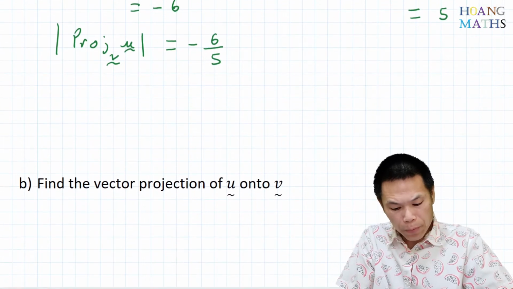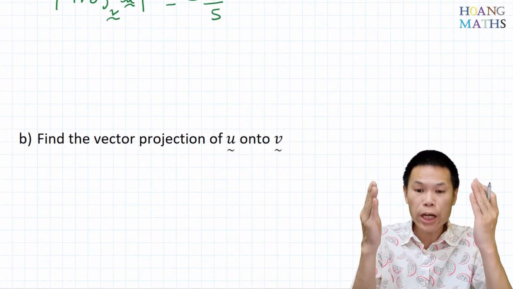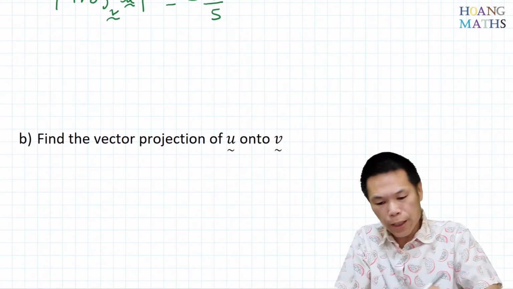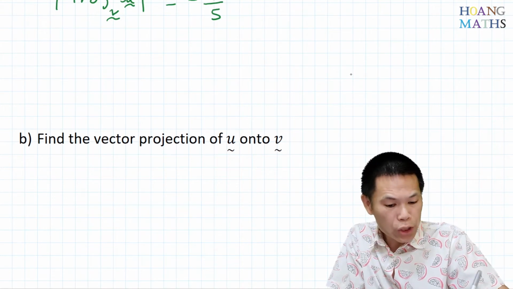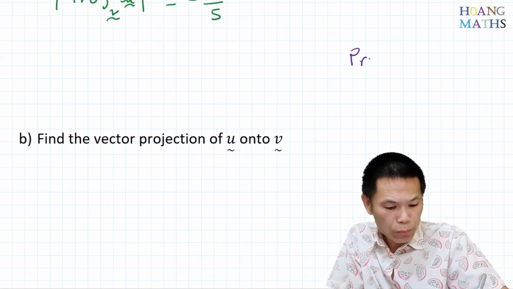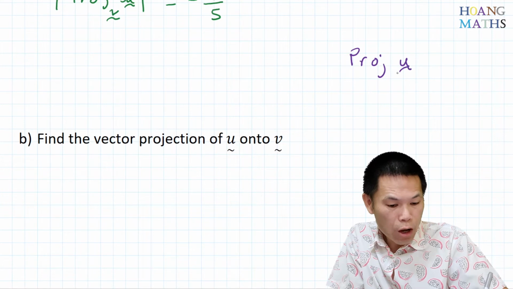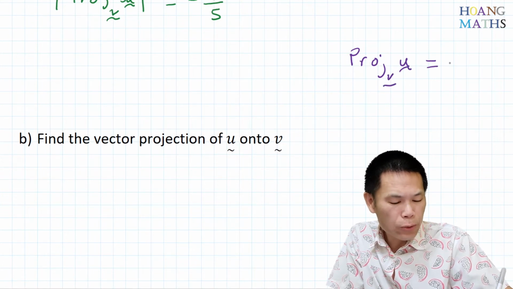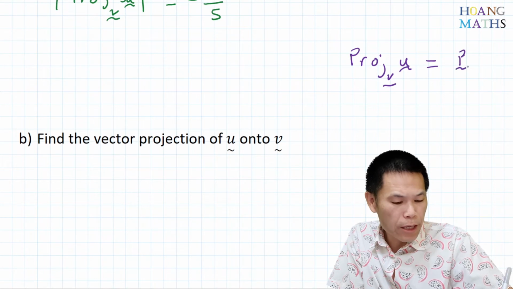Now part B, we need to find the projection of u onto v. Now remember, the projection of u onto v is equal to the scalar, which I'll name p, times the unit vector of v.